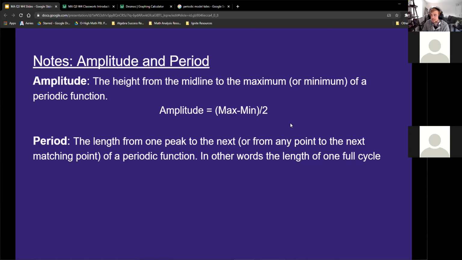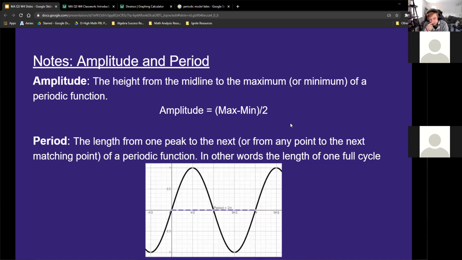And I actually have a diagram that I want to show you guys to show you how there's multiple ways we can find the period. So here is the graph of sine. This is just the sine function. You can see its period is 2 pi, right? Because see how from 0 to 2 pi is how long it takes for it to do one full loop up, one full trough down, and then it starts repeating itself.